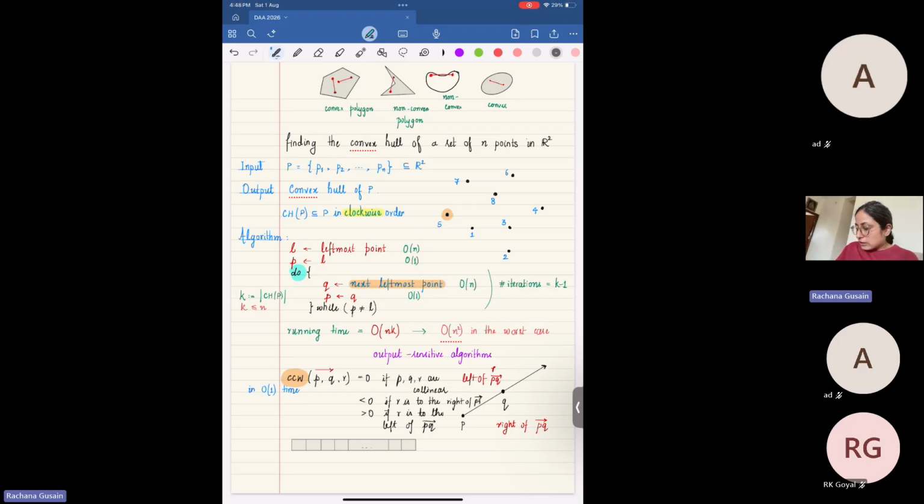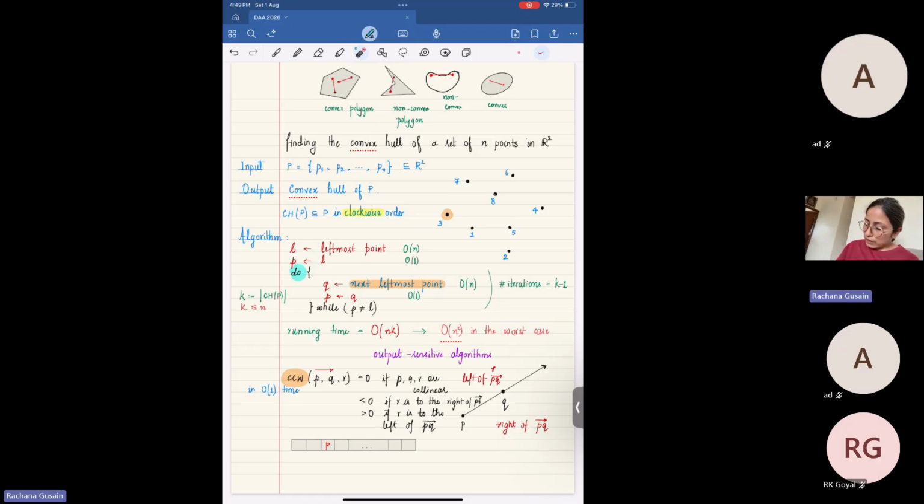At some index, I'll have my point P. Suppose the point P was at index 3. Now think of this first iteration. I'm going to find the next leftmost point, and that I'll store in the variable Q.